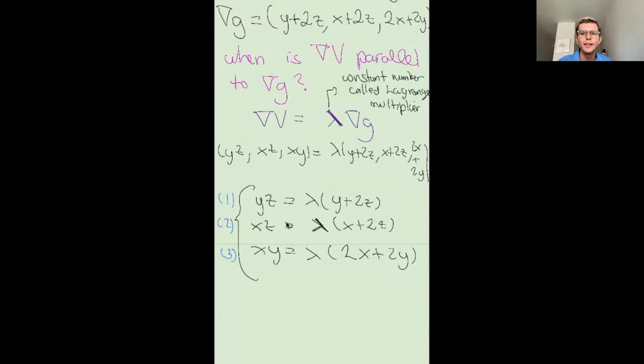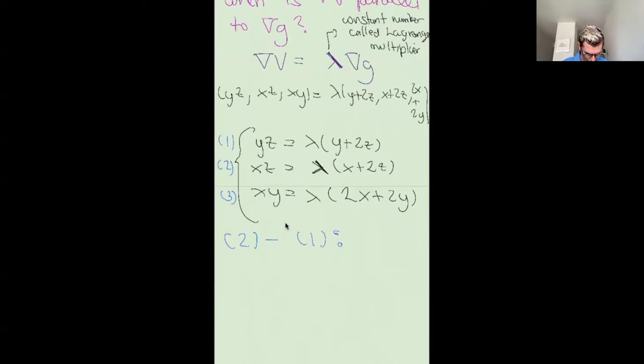Another thing, almost equivalent to it, is that you could subtract equation 2 with 1, right? If you do 2 minus 1, you get xz minus yz on the left-hand side.